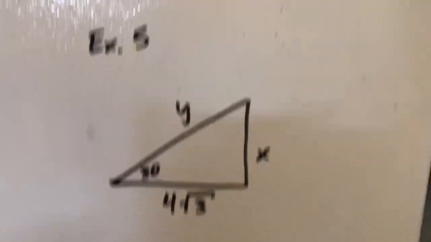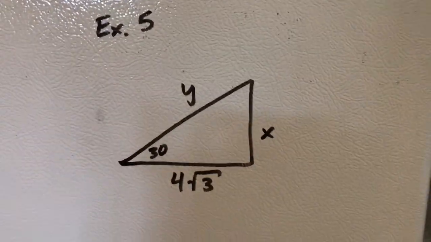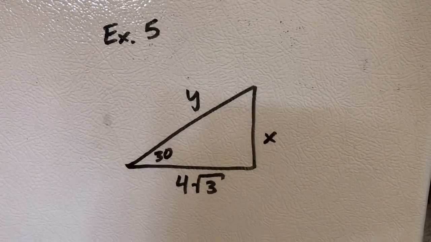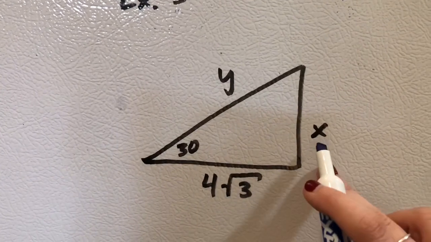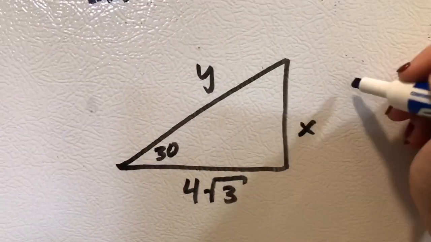Okay. Last example here, example 5. Again, not given the short leg, and those are the easy ones, you can handle those. Not given the short leg, we are given the long leg. So going from long leg to short leg, we're going to be dividing by radical 3.